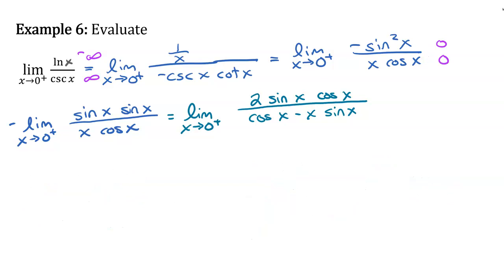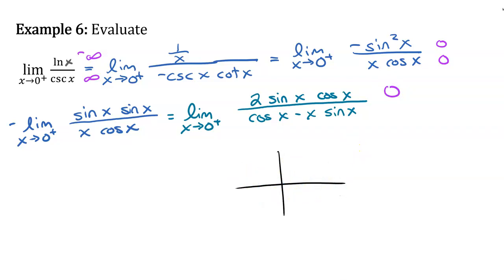Now this one is definitely harder to visualize, so actually drawing it out is a good thing. 2 sine cosine is just going to be a variation of the sine graph with a bit more wiggle to it. So the limit as x approaches 0 would be 0.